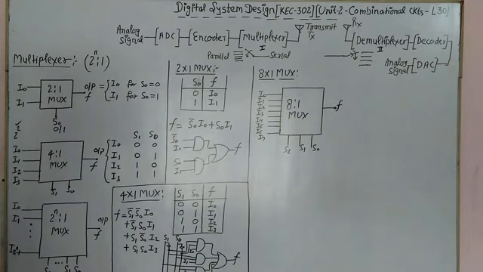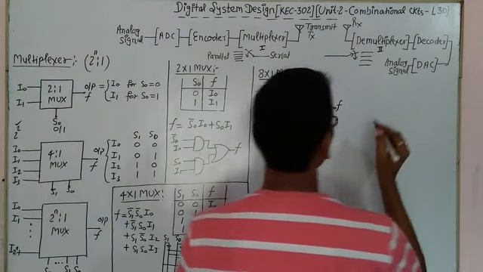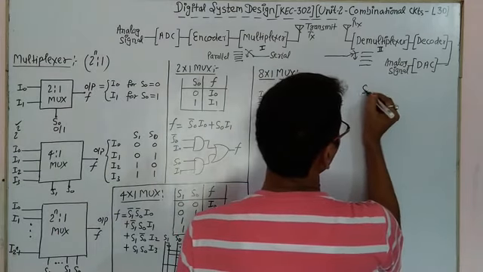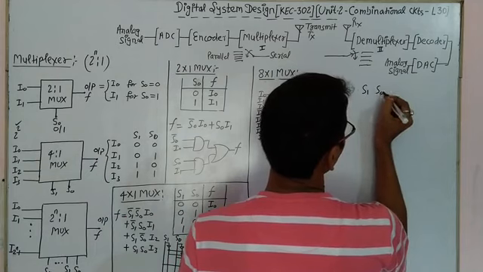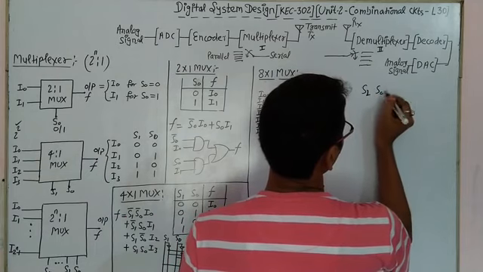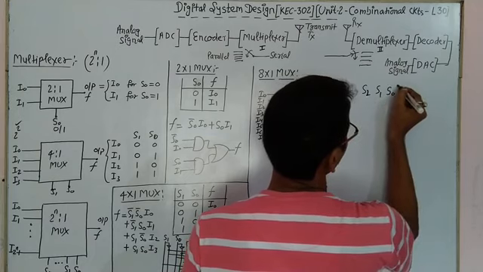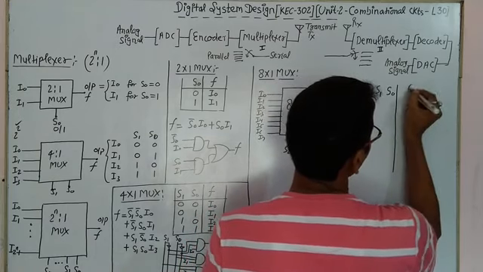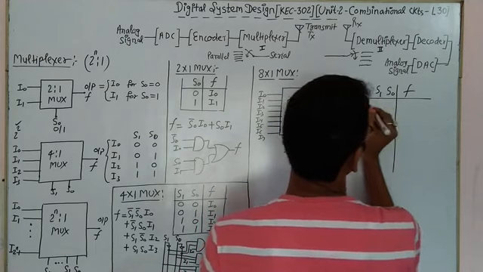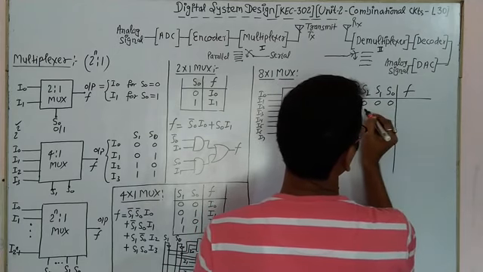So the truth table for this has 3 select lines and the output F, with 8 combinations.